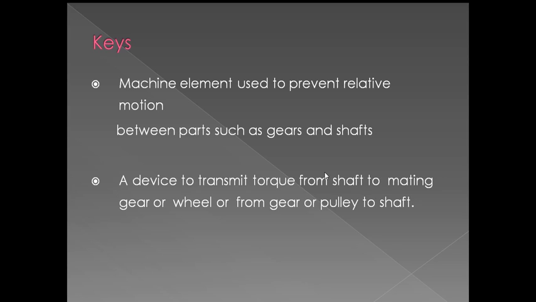Generally a key is a piece of mild steel which is inserted between the shaft and hub in order to prevent the relative motion between them. So it is a positive transmission, and it is used in between hub and shaft.